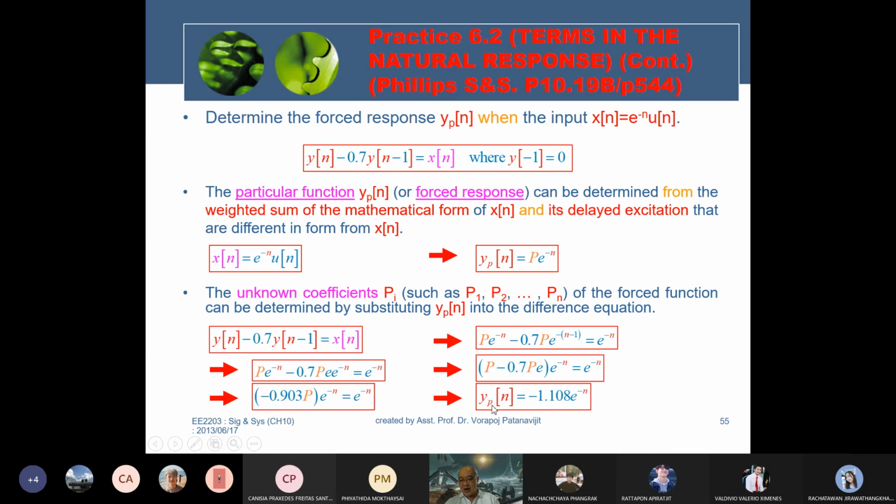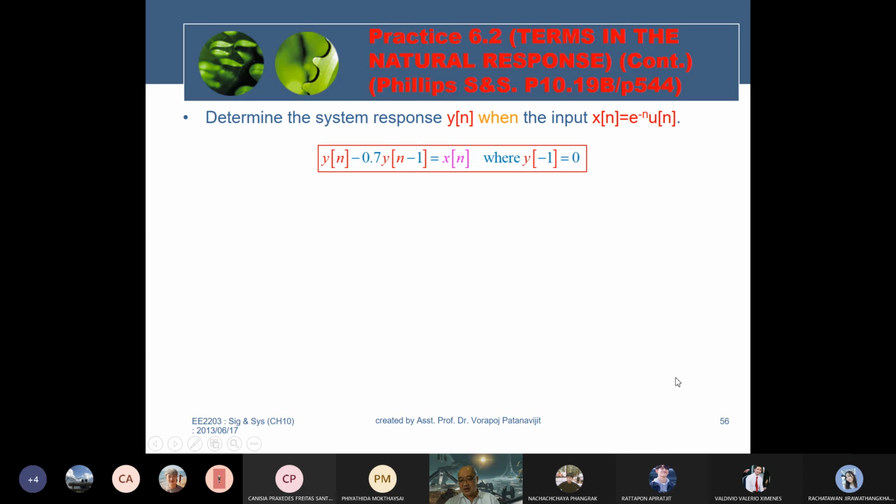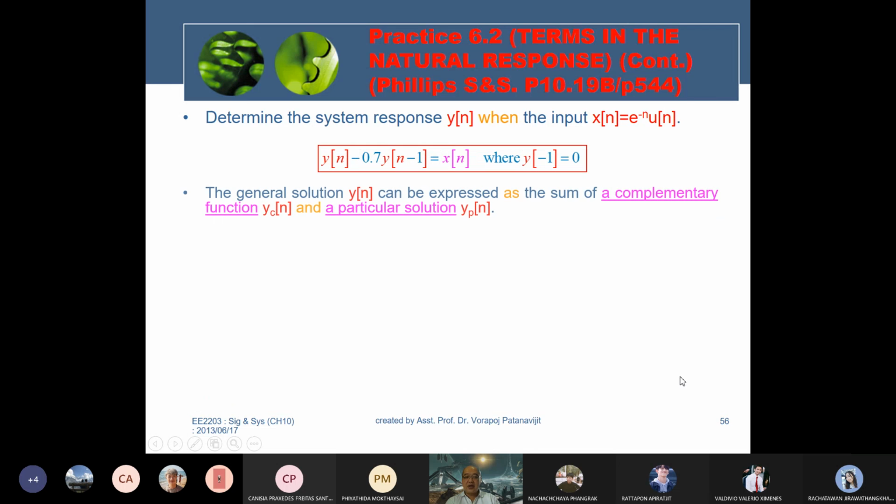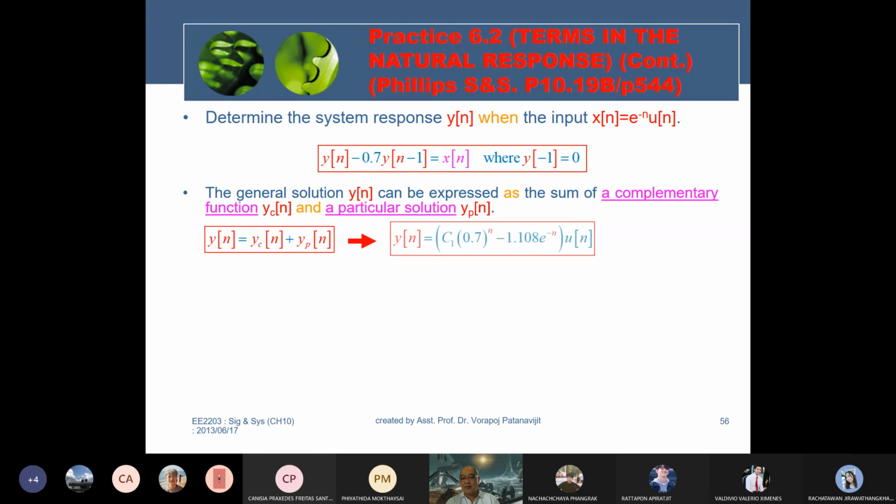Therefore, Yp equals minus 1.1 e^(-n). Now the overall general solution y[n] can be expressed as the sum of the complementary function Yc and the particular solution Yp. The complementary function is C1 times 0.7^n and the particular solution is minus 1.1 e^(-n) u[n]. In this case, it still has C1 as the unknown.